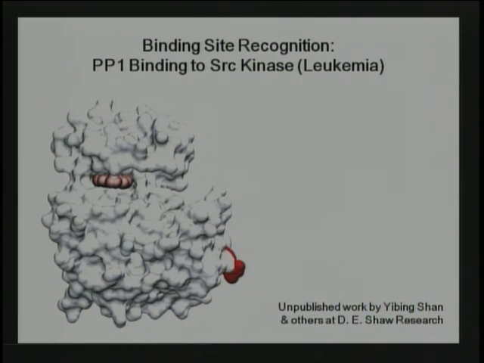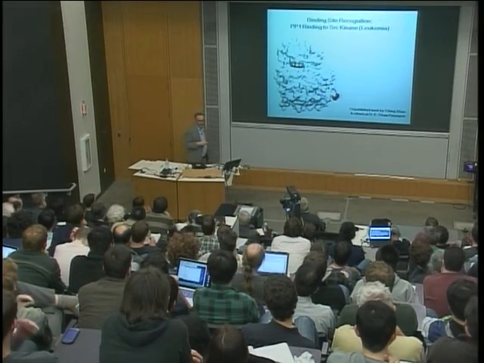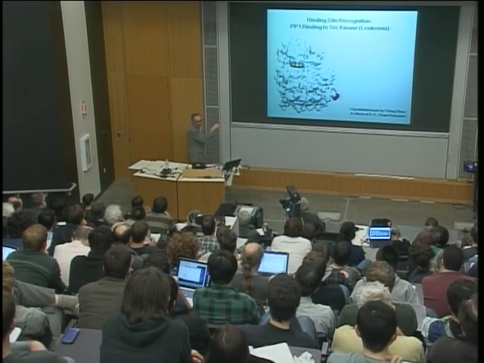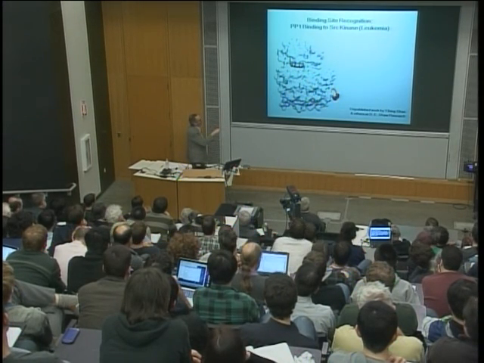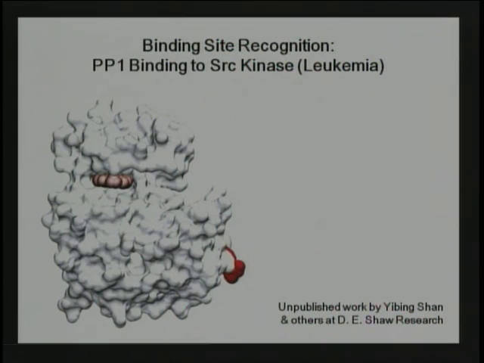And then all he did is he put the protein in a box full of water, put this PP1 small molecule in there with it, and waited to see if it would find the place on the protein where it attaches, because it was known from experimental evidence it did, and it was known where. This is something called the ATP binding pocket inside this kinase and a number of others, and it was known that PP1 bound in exactly this way.